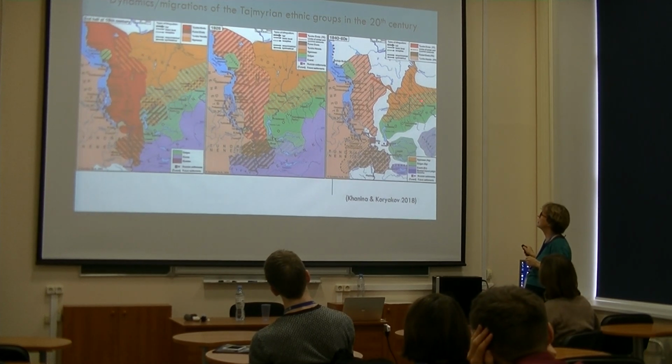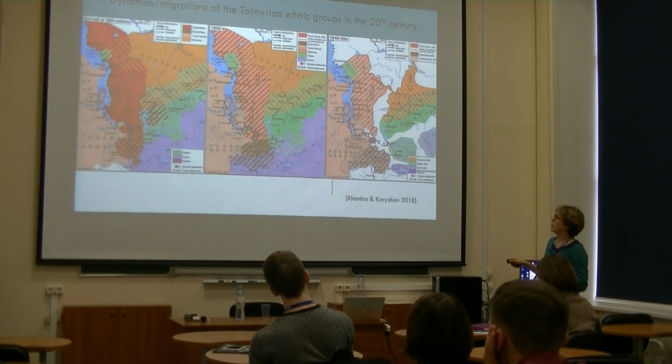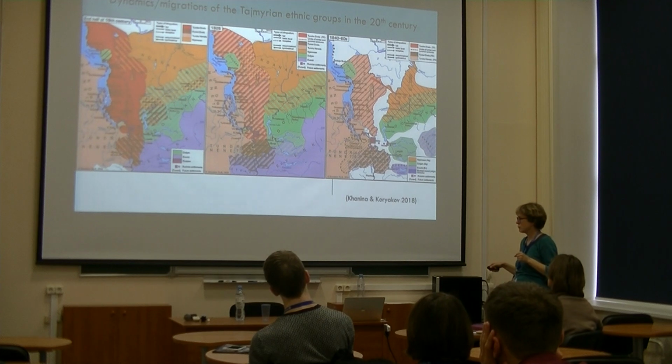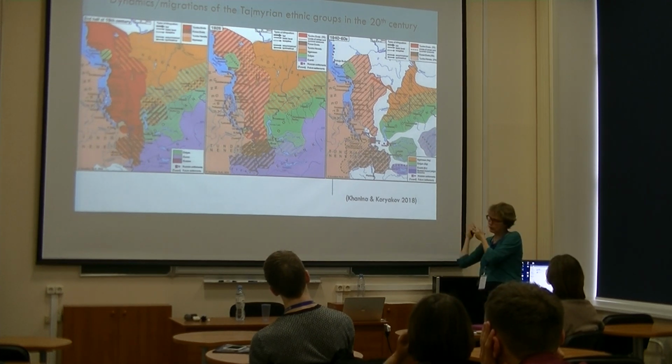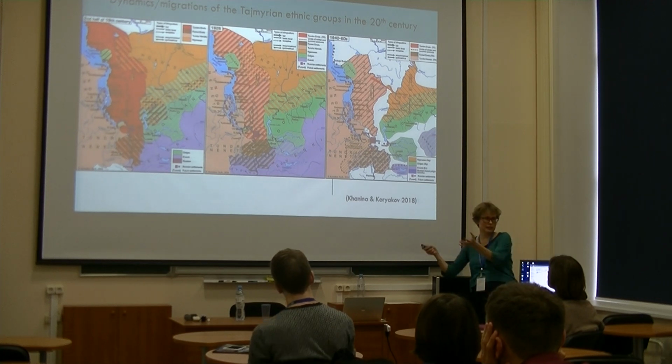And then they started living together with the Nganasans. And this movement, if this is the second half of the 19th century, this is 1960s, so basically about 100 years that this changed.